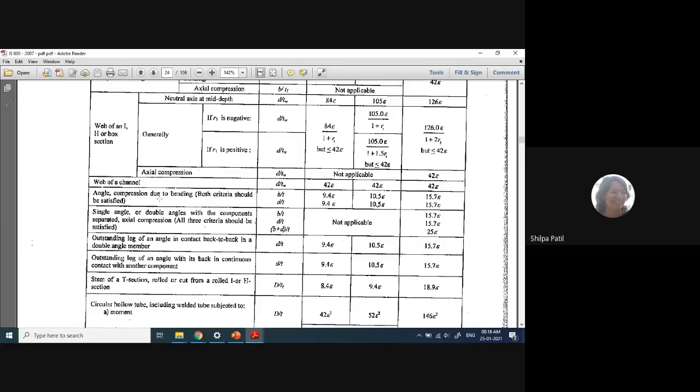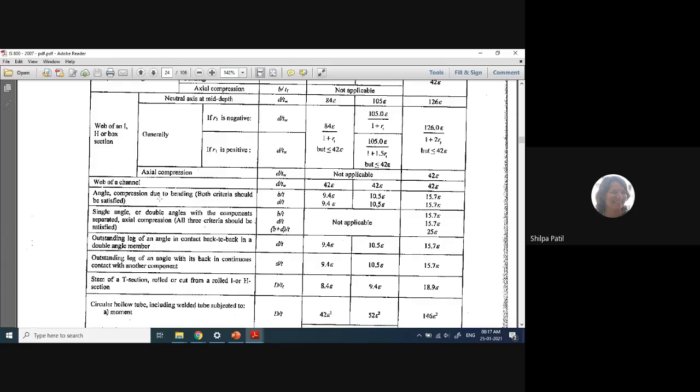When the loads coming on the structure are very low, like a cycle stand or a bus stand shed, the columns are made of angle section, because the load coming on such sheds is of very low magnitude. Nobody is going to climb on that. There will be no high wind force or lateral forces acting on the entire structure. So there we can go for an economical section like angle section as a column.